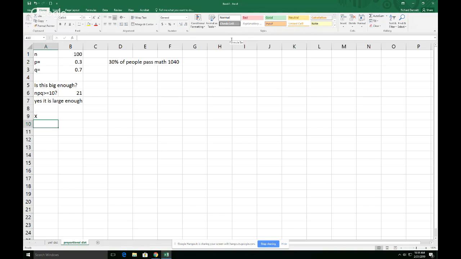Out of 100 people, 30 would potentially pass. Well, you're giving me the expected value. I want to know all the possibilities. One person could pass, right? What's another possibility? One or two or three or four.